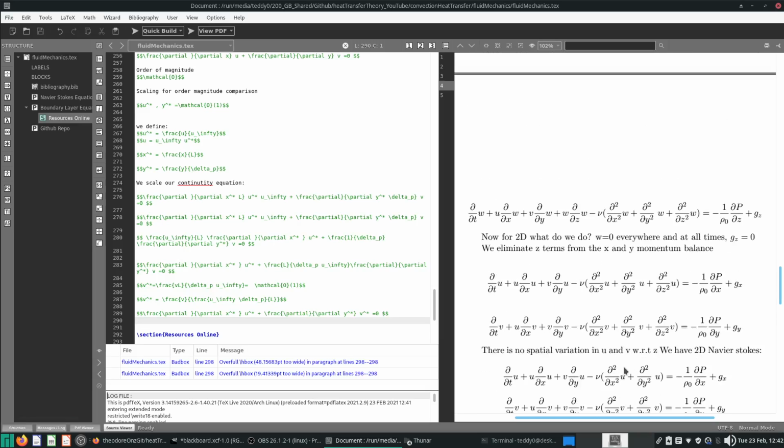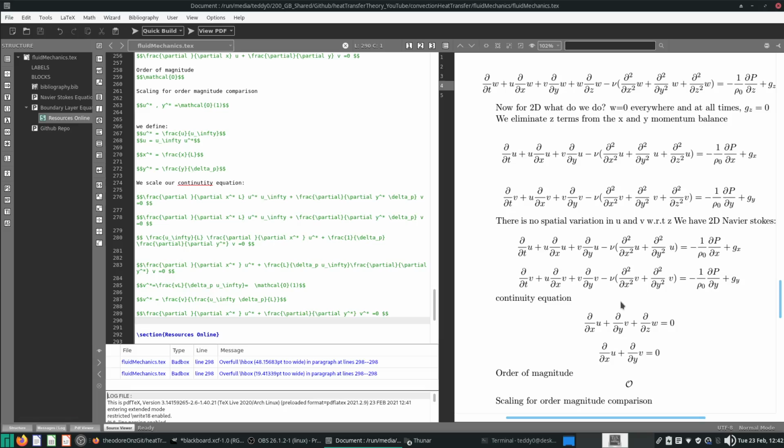Alright, what else? Now we will have to do something else to this Navier Stokes equation as well.